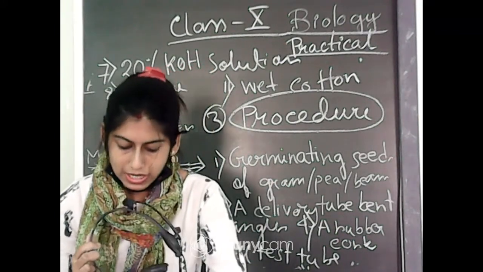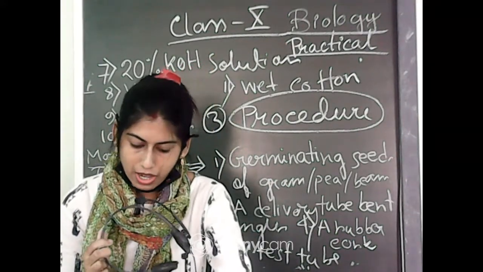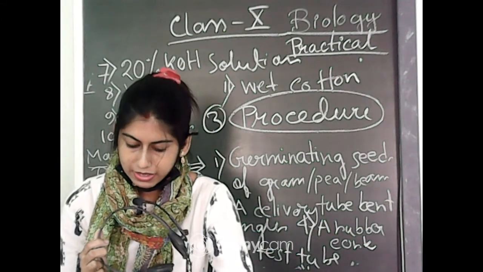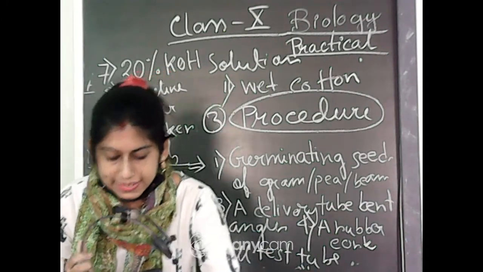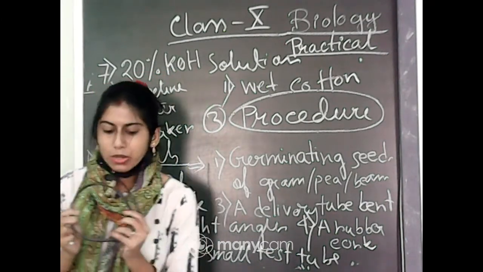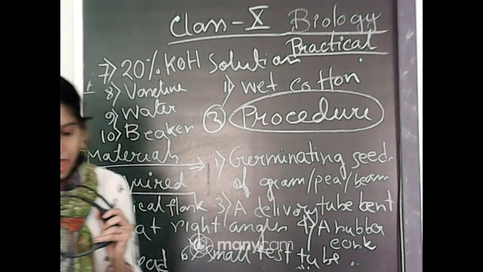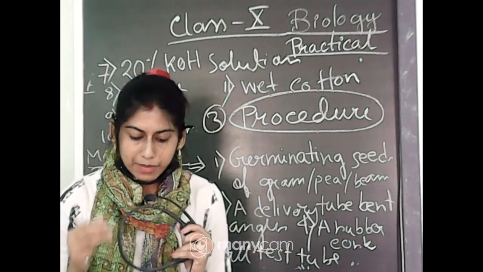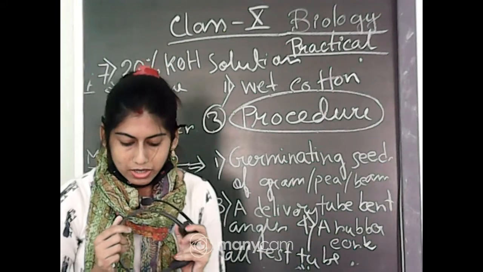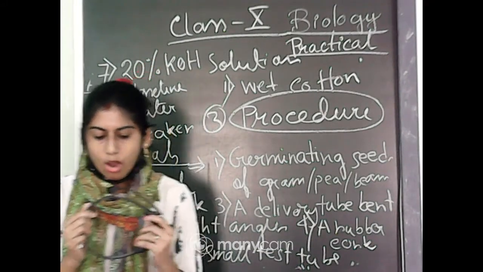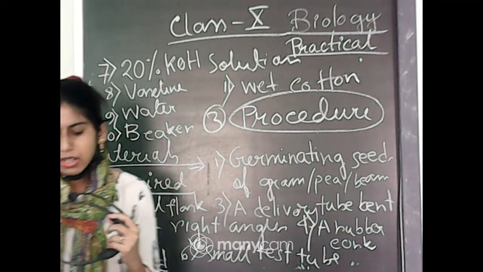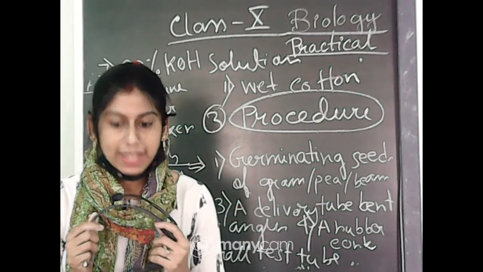Under the procedure, the first point is: take about 30 to 40 seeds of gram or pea, and germinate them after soaking them overnight and then placing them on wet cotton or wet blotting paper for 2 to 3 days.